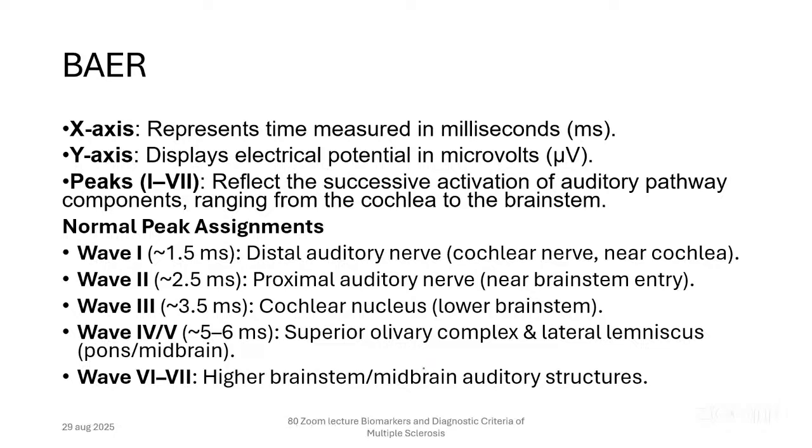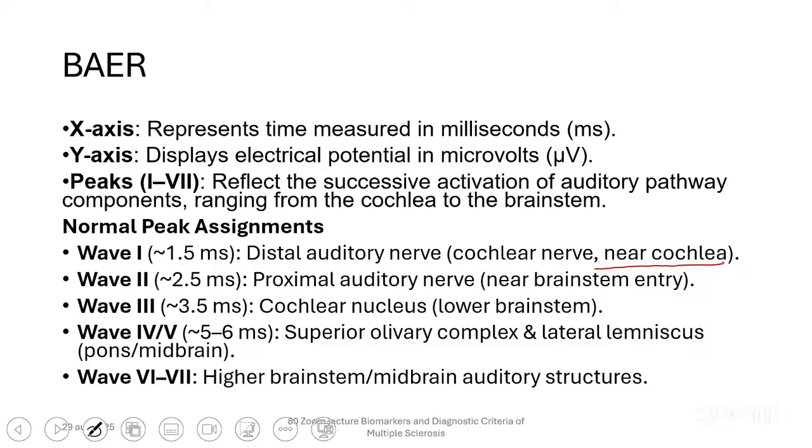So 1 to 7 peaks reflect the successive activation of the auditory pathway components ranging from the cochlea to the brainstem. The normal peak assignment, we all see these are all milliseconds. The wave 1 is 1.5 milliseconds. Distal auditory nerve, the cochlear nerve and near cochlea, this potential is picked up. The wave 2 is about 2.5 milliseconds.